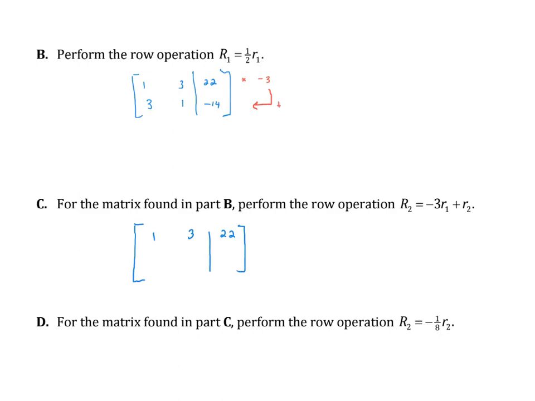What we obtain is 1 times -3 plus 3, and that yields 0. 3 times -3 plus 1 is going to be -8. 22 times -3 will be -66 plus -14, that will be -80.